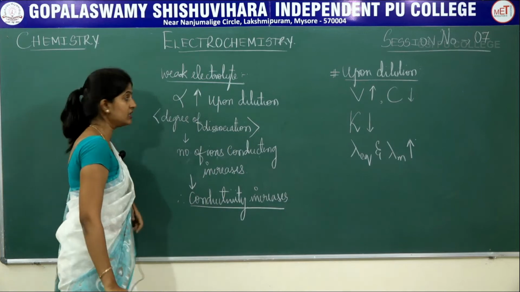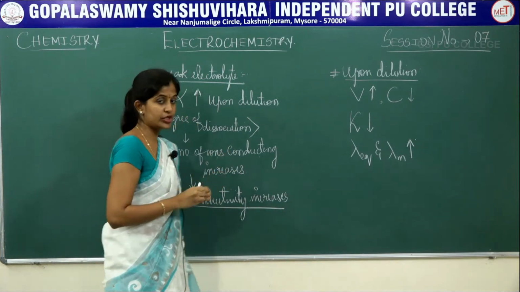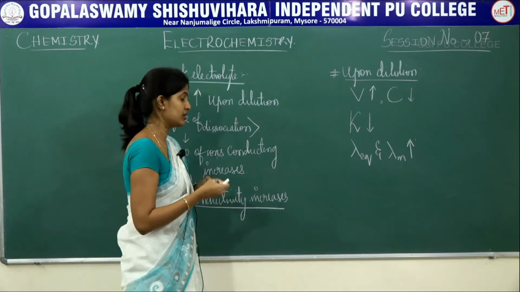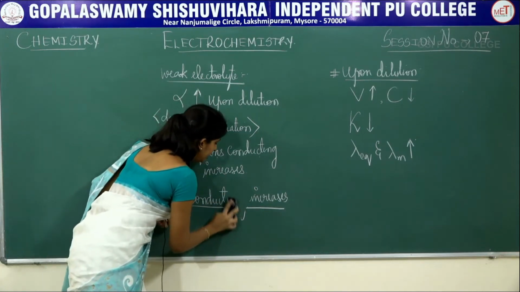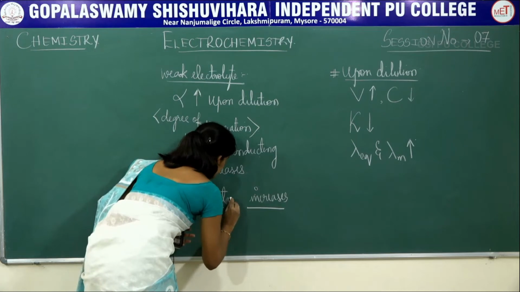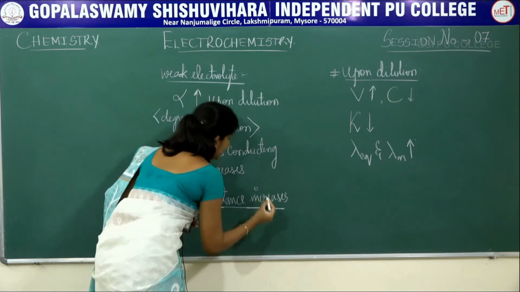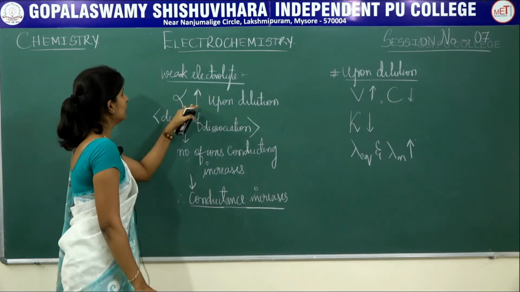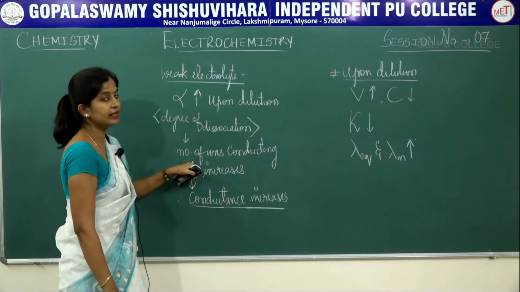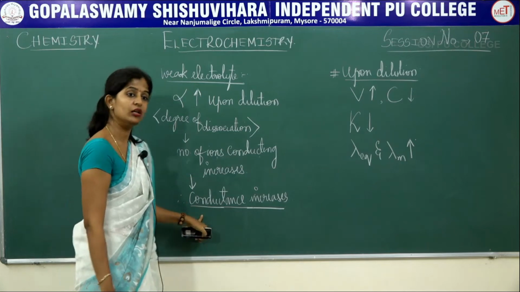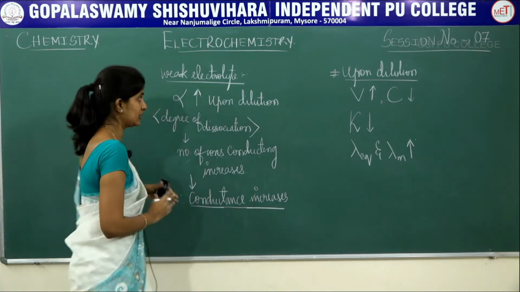So this is the reason a weak electrolyte increases its conductance upon dilution. It's not conductivity, it is conductance. Since the number of ions conducting increases, conductance also increases for a weak electrolyte.